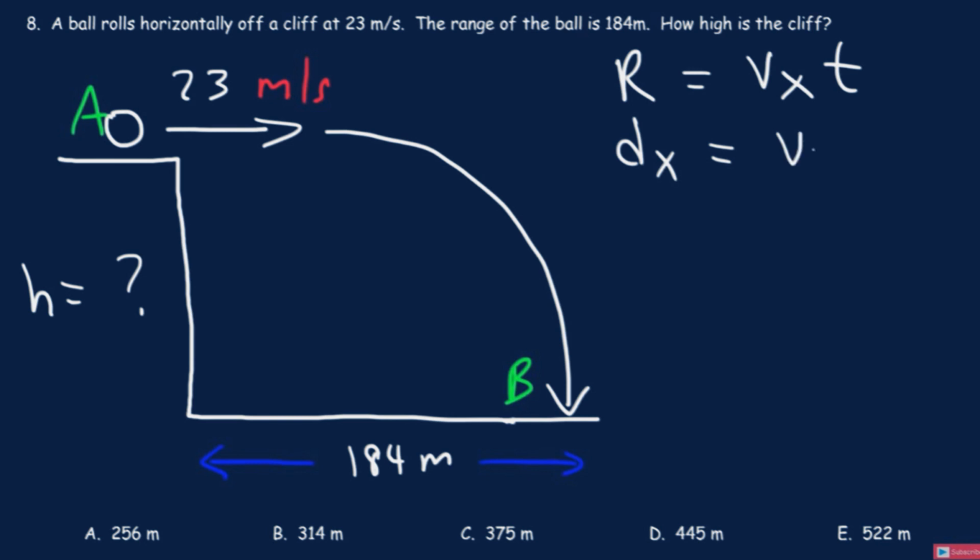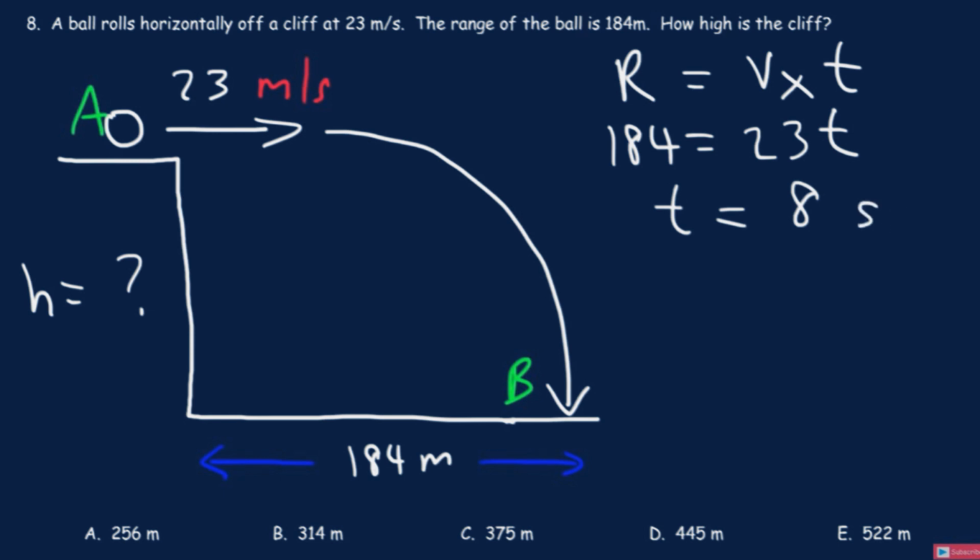We know d is equal to vt anytime an object is moving with constant speed. So we have the range, which is 184 meters, and we have the horizontal speed, which is 23. So now we can calculate the time. It is 184 divided by 23. So it takes 8 seconds for the ball to travel from position A to position B.